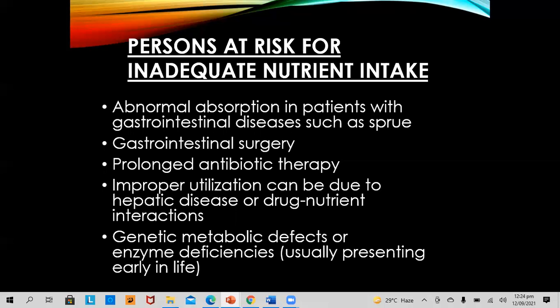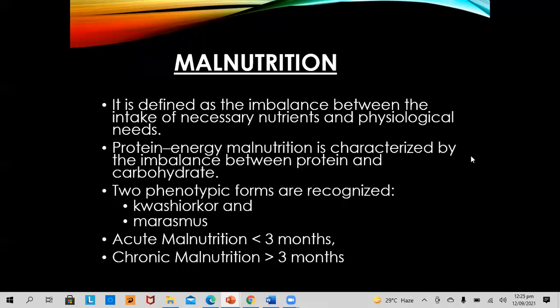There are causes in which there is improper utilization due to hepatic disease or drug-nutrient interaction. Then there are genetic and metabolic defects or enzyme deficiencies, which usually present early in life, not later. So these are all the causes why we get a nutritional deficiency in an individual.